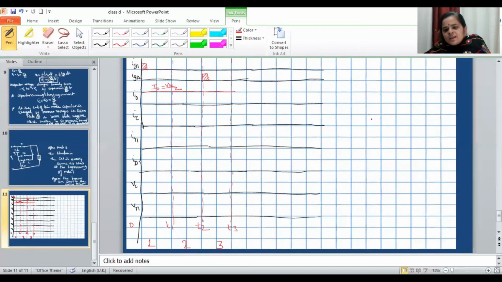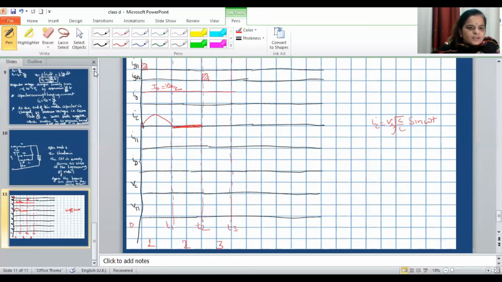What is IC? We know IC is Vs root C by L sine omega t. In mode 1 it is varying like this, a sinusoidal variation, in mode 2 it was 0, and in mode 3 it was constant.